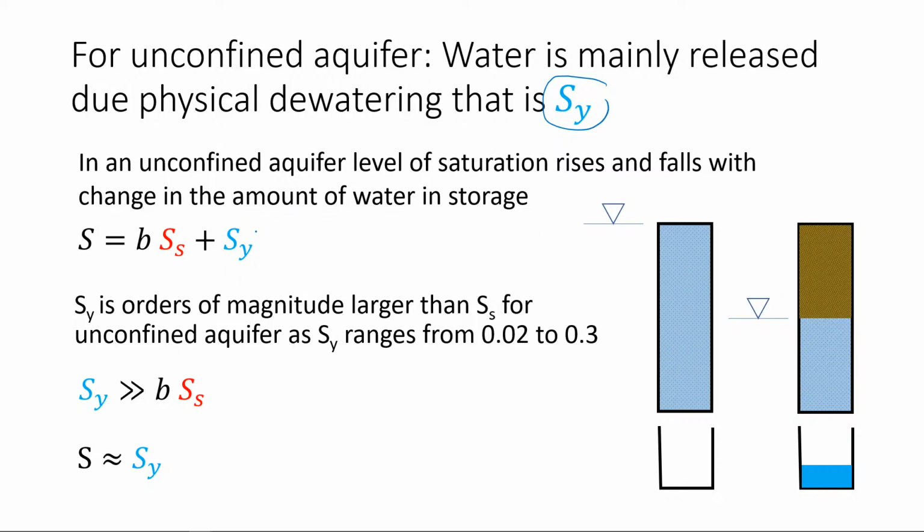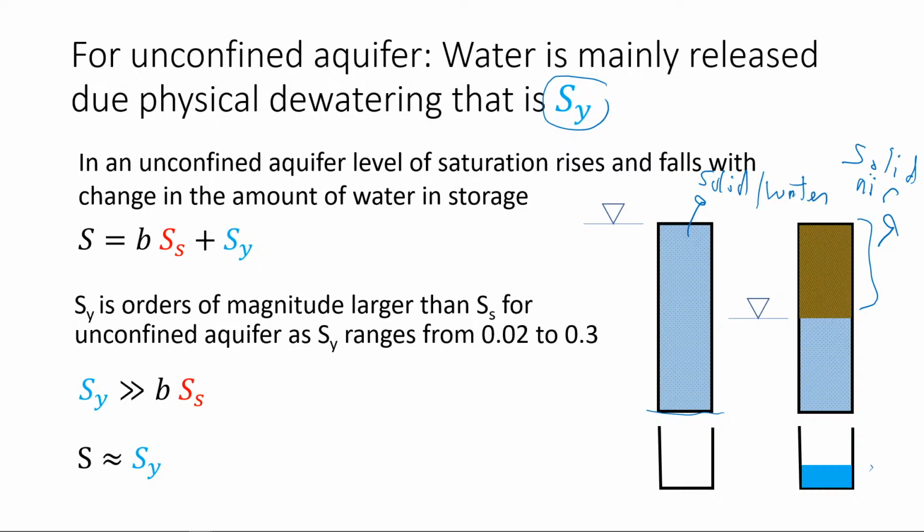Remember the sand column experiment: I have a sand column here, I have a screen here, I open the screen and let it dewater. It was fully saturated, now it's not fully saturated. Now this is just solid and air, whereas before it was solid phase and water.